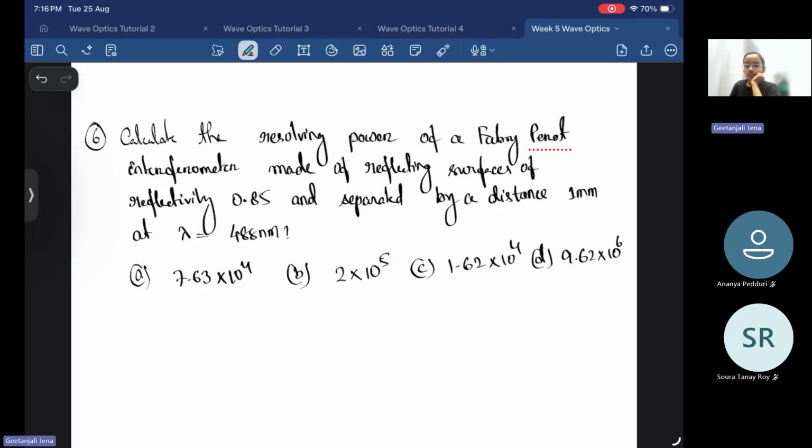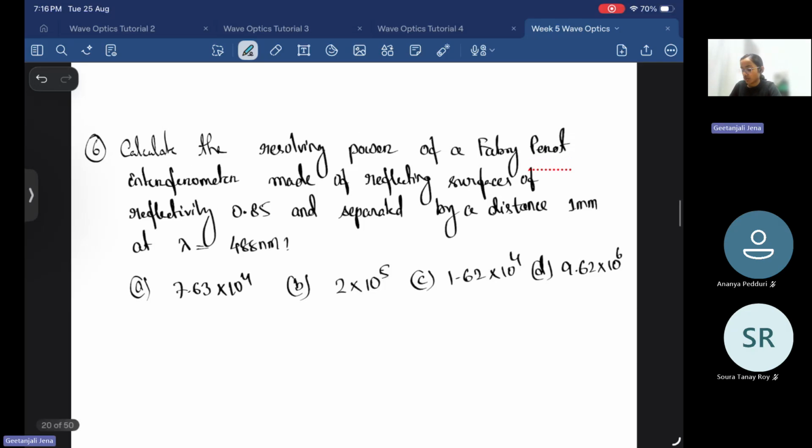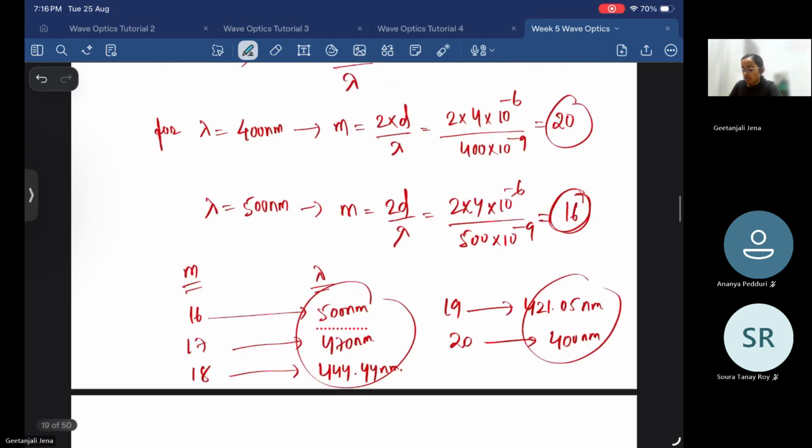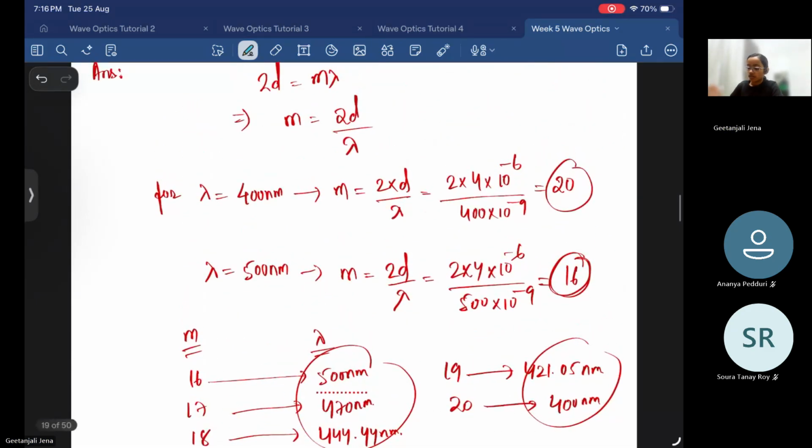If here we have used sodium light, then m is not an integer value as I calculated. What does that mean physically? So instead of white light, you are using sodium light, and m is not an integer value.